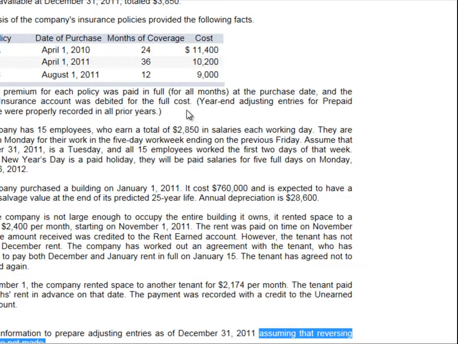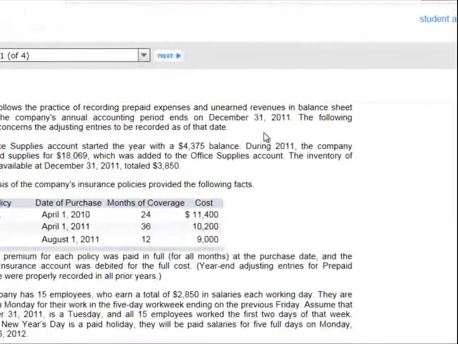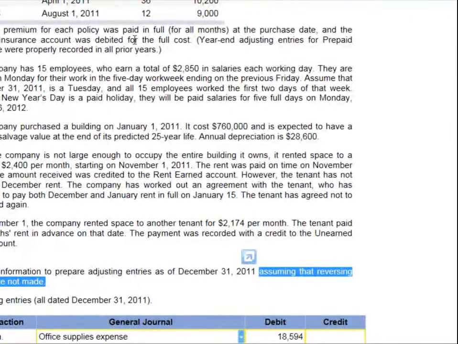What we basically need to know is for this year, 2011, how much insurance do we need to recognize? So the first thing we need to do is figure out how much of 2011 was covered by these policies. And of course, how much monthly is the policy itself.